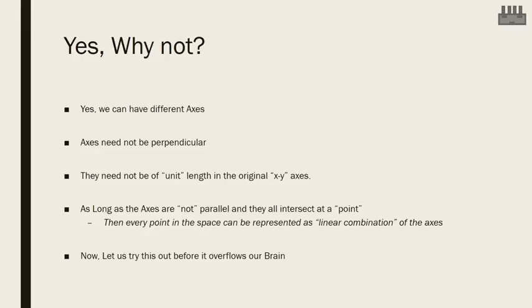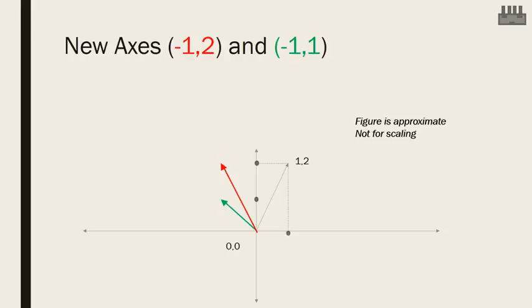It's quite possible. What I missed telling in the previous slide is that to represent a 2D space, you require an axis of two vectors which are not parallel and which intersect in a point. If you have a three-dimensional space, then you need three axis vectors.